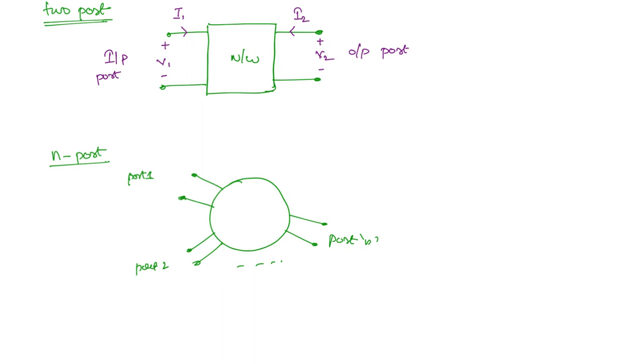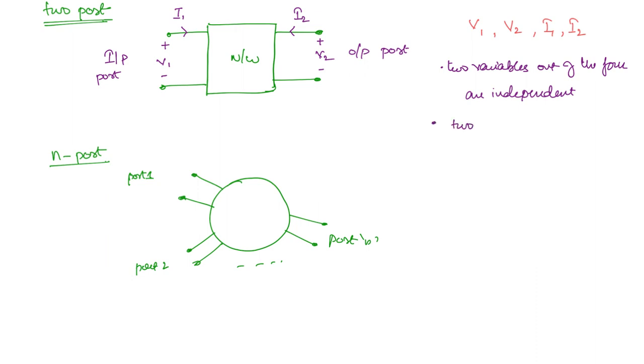So what are the variables here? V1, V2, I1 and I2. So we have 4 variables, and out of these 4 variables we take 2 variables as independent, and the other 2 variables will be dependent on these independent variables.